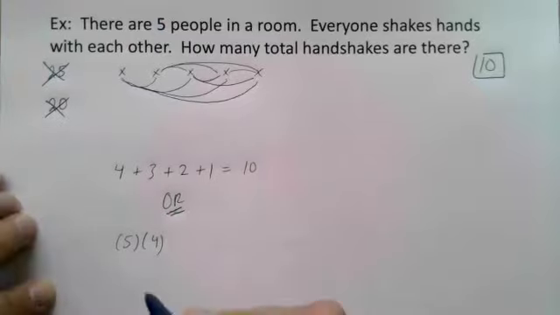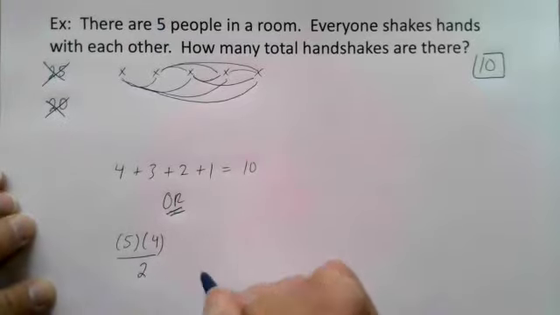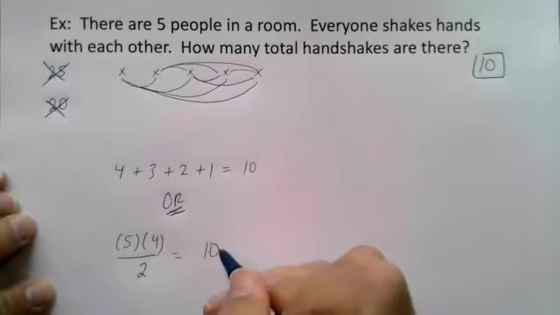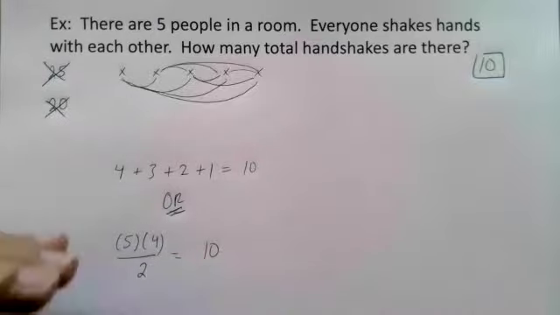But if you realize that counts every handshake twice and you just want to cut that in half, that's going to give you 10 also. Both of those are valid ways to reason through this problem. I really don't care which way you do it. Both of those are valid ways.